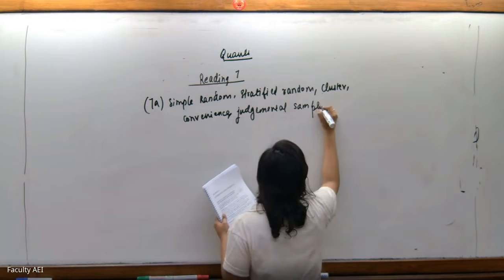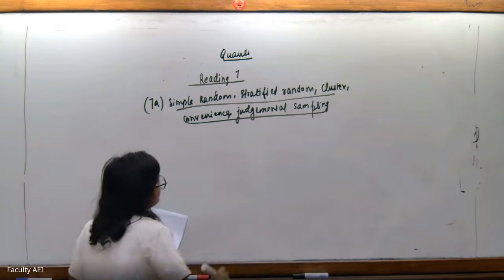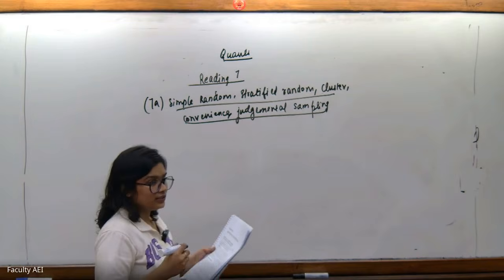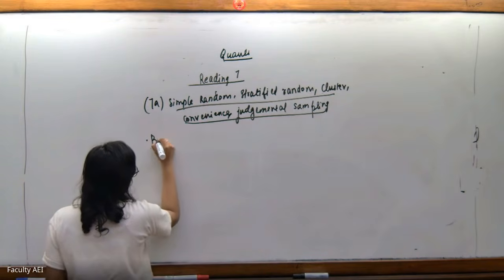So these are the different types of sampling processes. You may be given a certain type of situation and you may be asked what type of sampling process this is. First, we'll start with probability sampling.